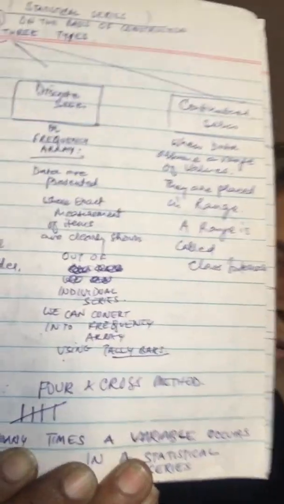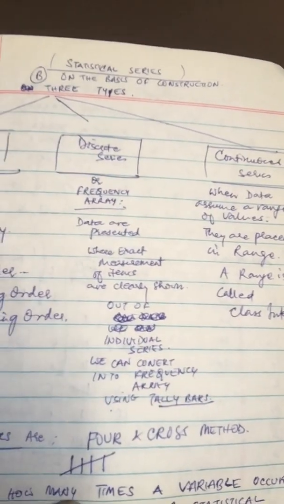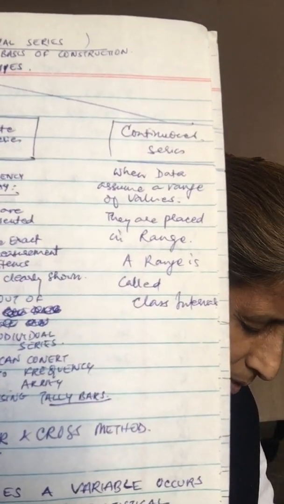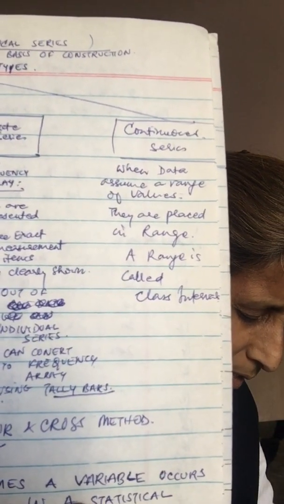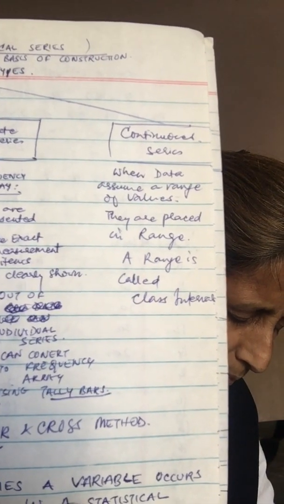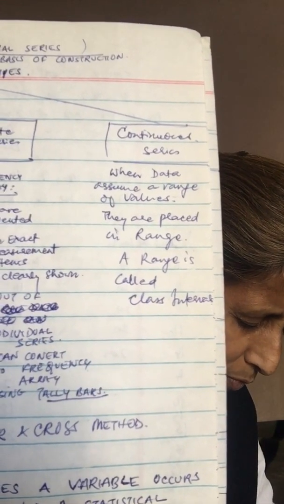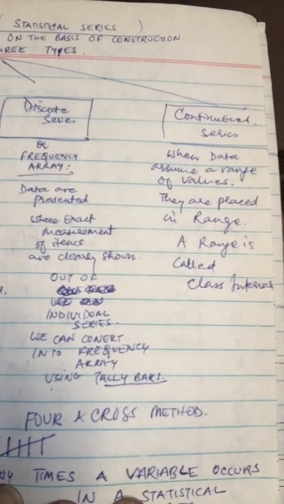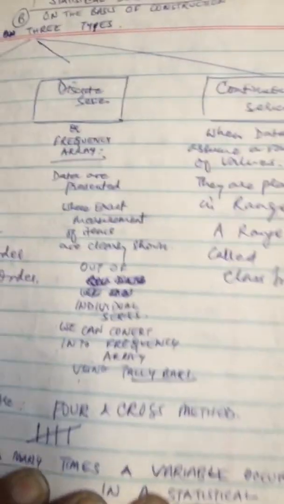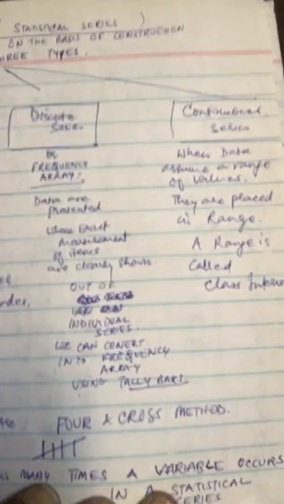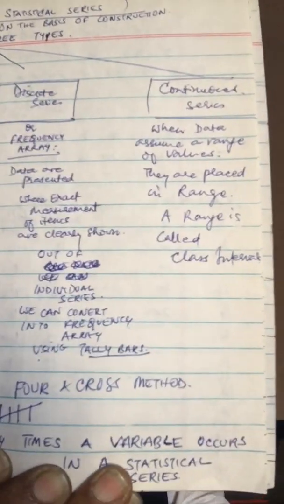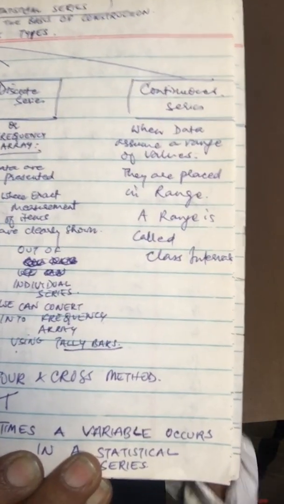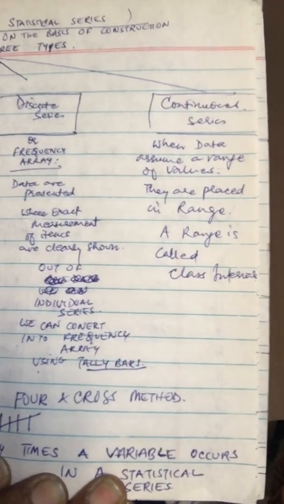Okay, now we come to what is known as discrete series. So what is discrete? This is where exact measurement of the item is given. So it is formed from items which are exactly measurable. That means it's formed from the items that you can measure absolutely. Now for example, as I said, if 20 marks has come 5 times, you will know exactly 20 so many times.